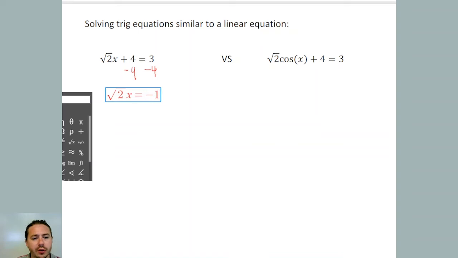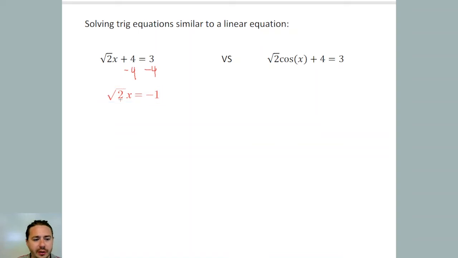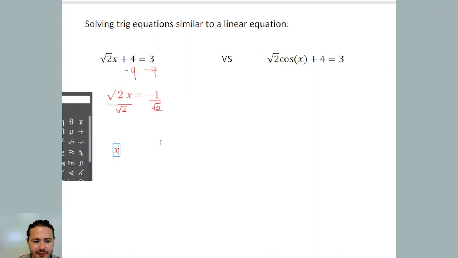Then we would divide both sides by root 2 to solve for x, so we get x equals -1 over root 2, which, once we rationalize the denominator, becomes negative root 2 over 2.